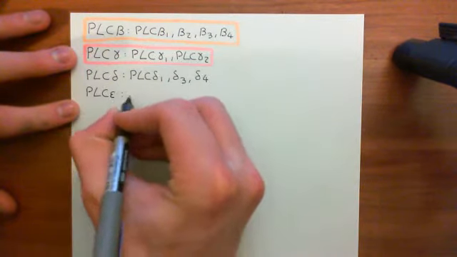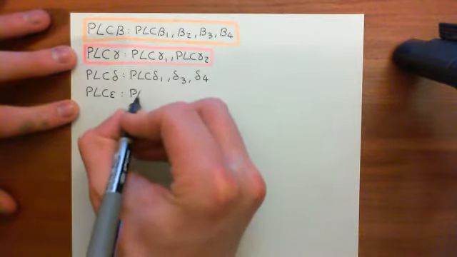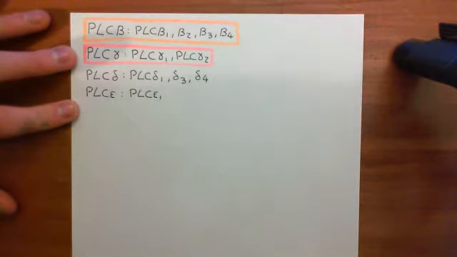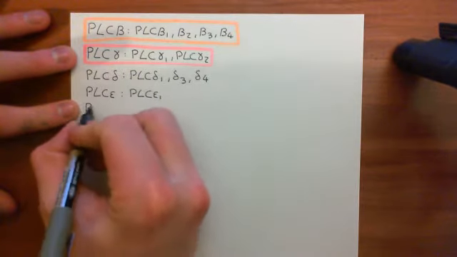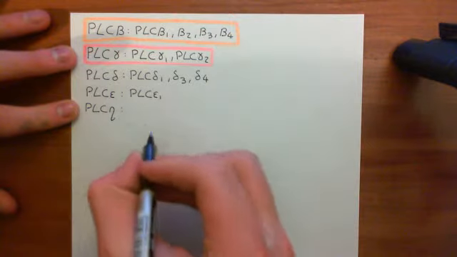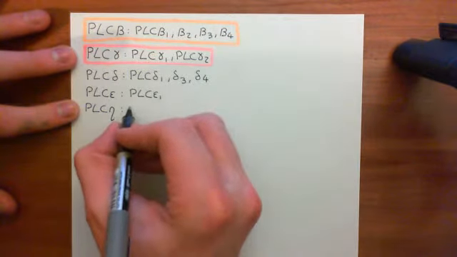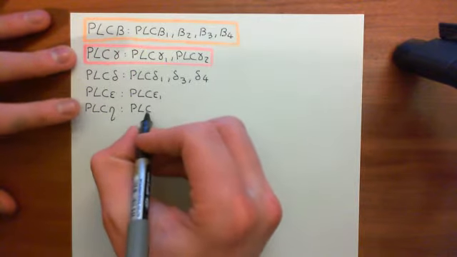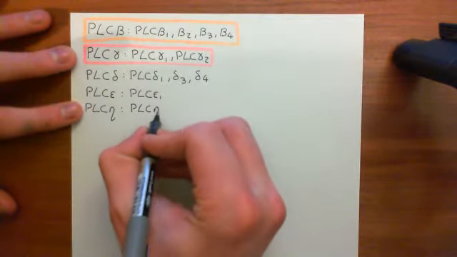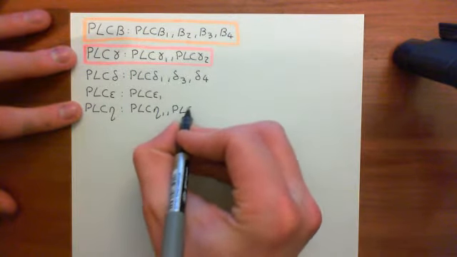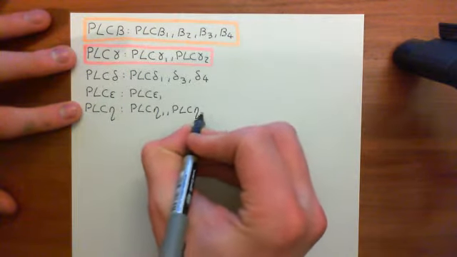There's only 1 member within it, which is phospholipase C epsilon 1. After that, there's the phospholipase C eta family. So we're going to more and more elaborate Greek symbols. There's phospholipase C eta 1 and phospholipase C eta 2, so there are 2 members of this phospholipase C eta family.